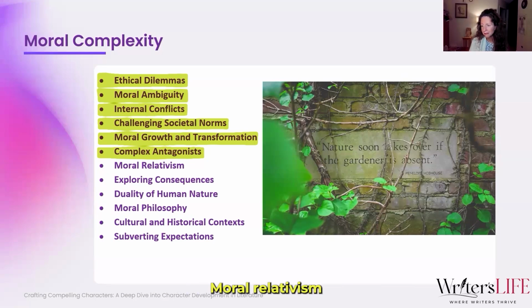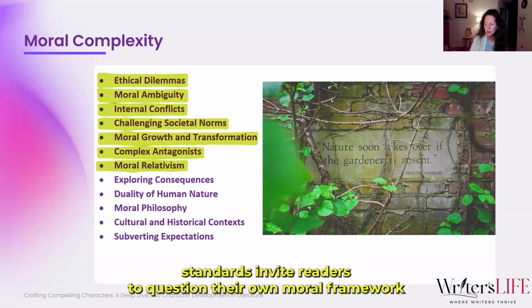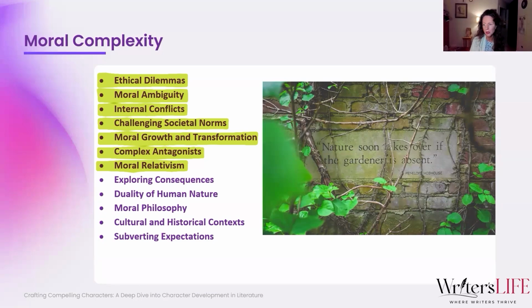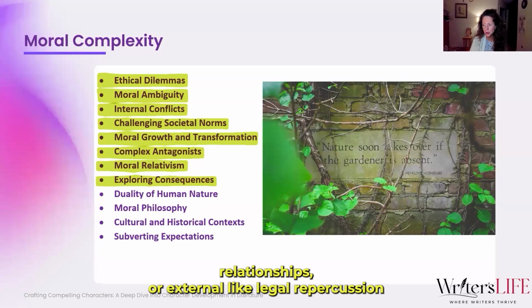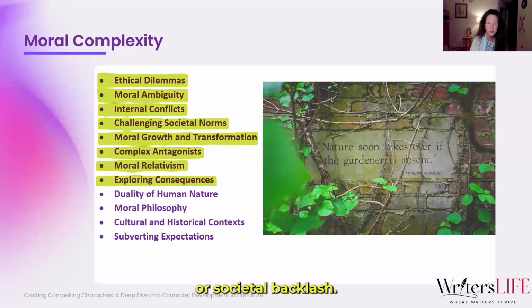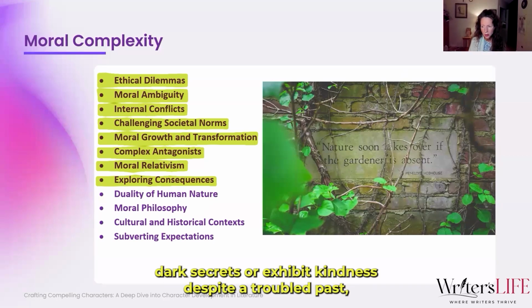Moral relativism. Characters who believe that right and wrong depend on context rather than absolute standards invite readers to question their own moral frameworks. And exploring consequences. Consequences can be personal, such as emotional turmoil and damaged relationships, or external, like legal repercussions or societal backlash. Characters might perform heroic deeds while harboring dark secrets or exhibit kindness despite a troubled past.